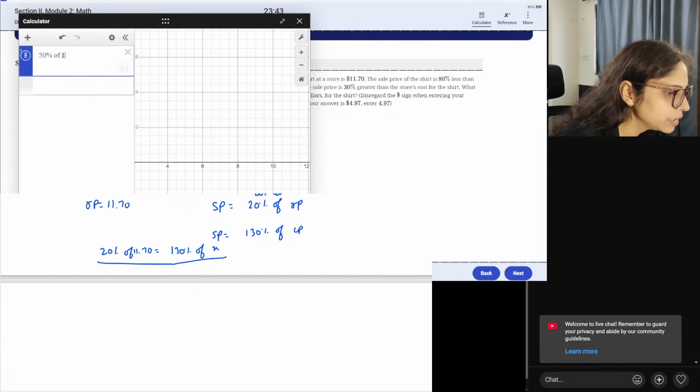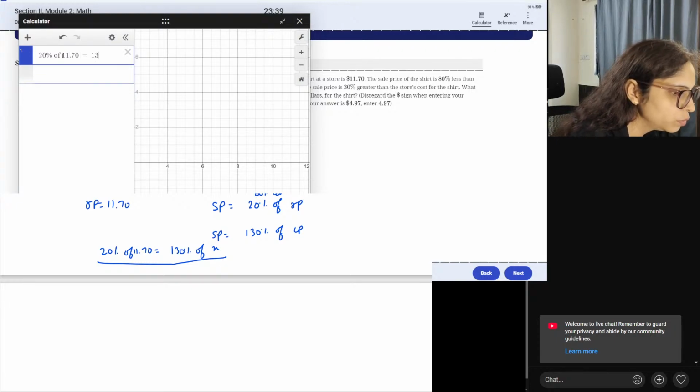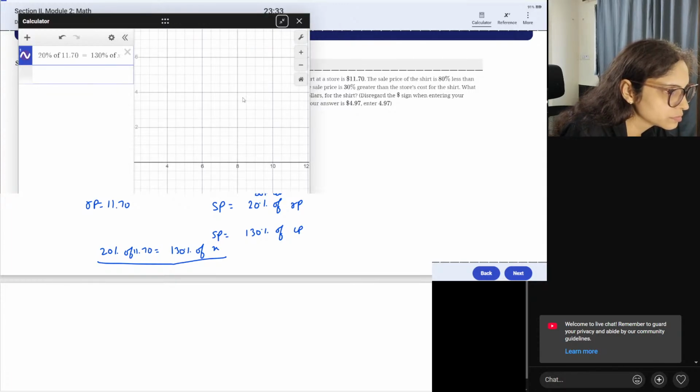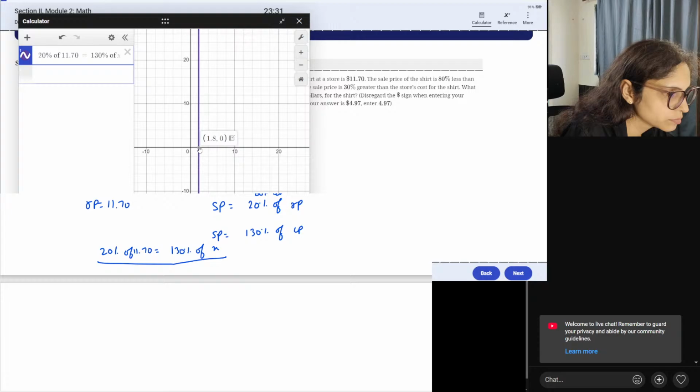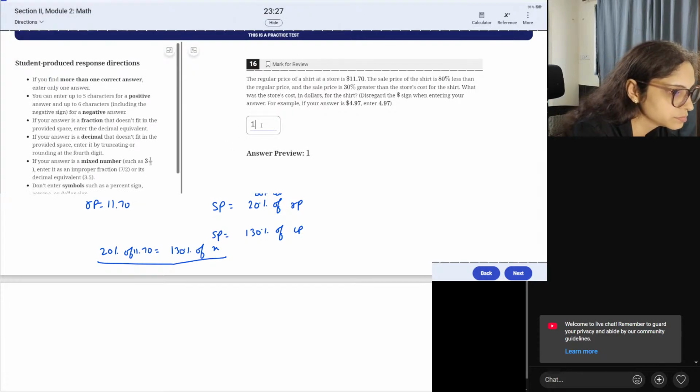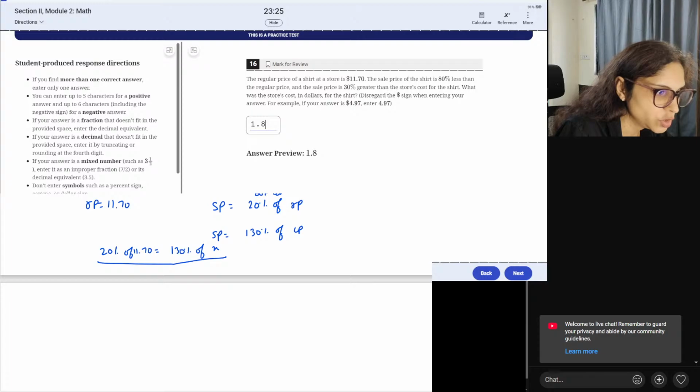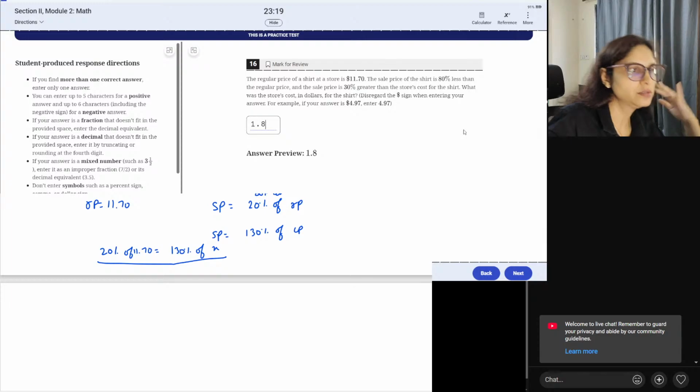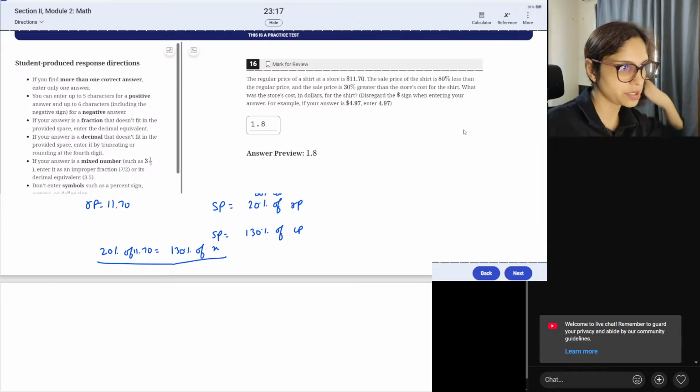So 20% of 11.70 is equal to 130% of x. 1.8 is the cost. Got it? 80% less than regular price, that means 20%. 30% greater, that means 130%.